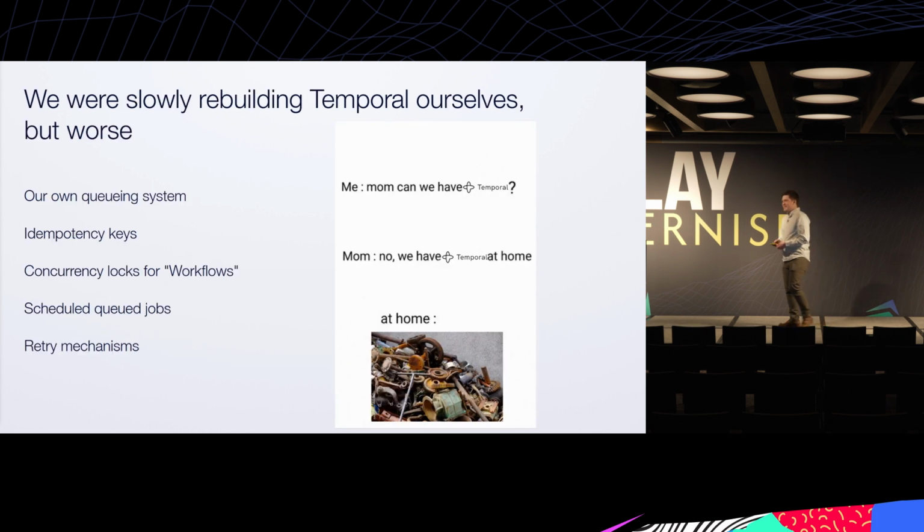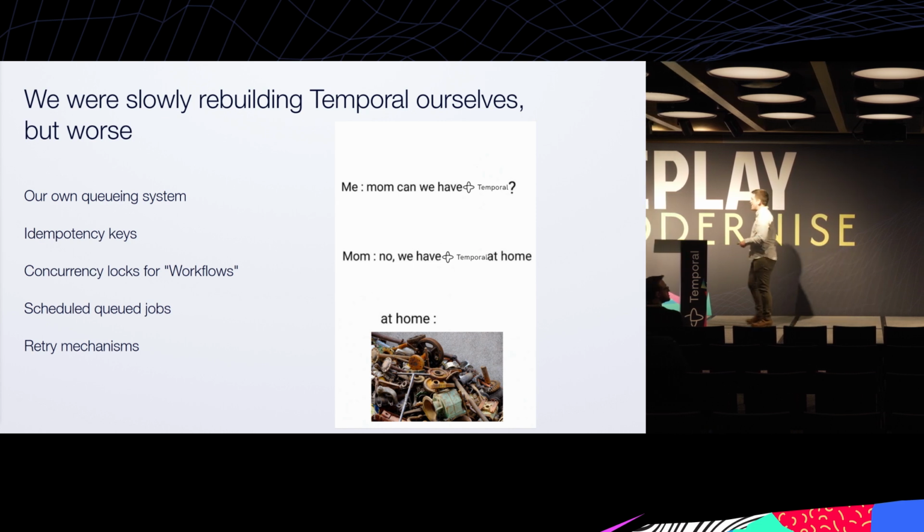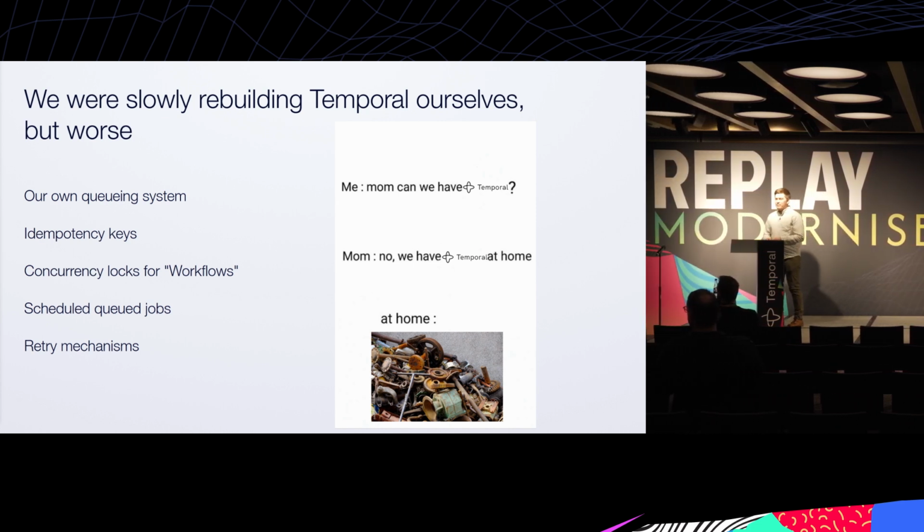Previously, prior to introducing Temporal at our company, we built all of these things to try to have a stable system, right? We've got a queuing system that's based off of Postgres. So if you're in a database transaction, you can safely enqueue a job, and if the transaction fails for whatever reason, then the side effects from that queue job don't get performed.